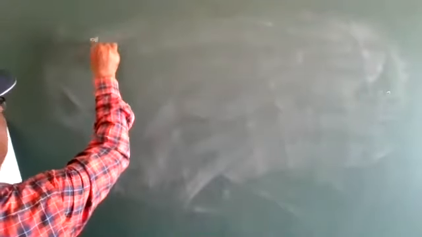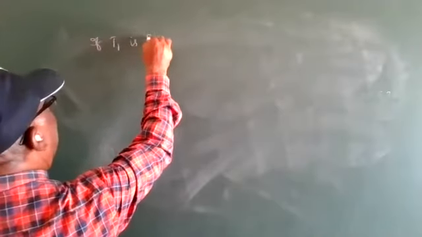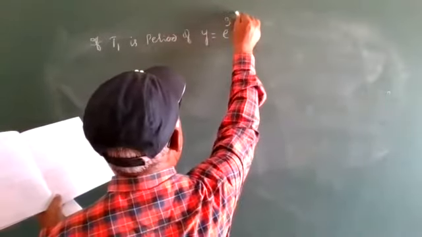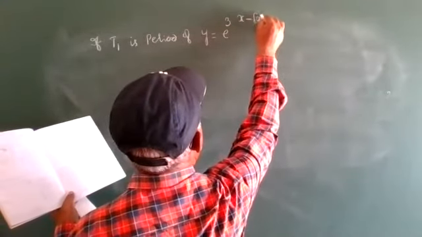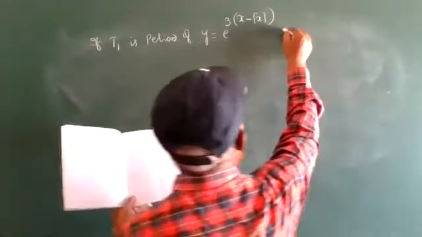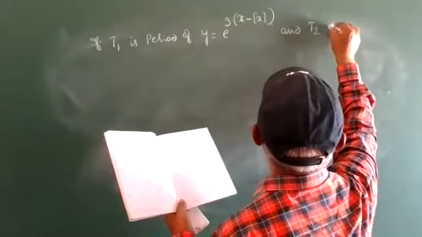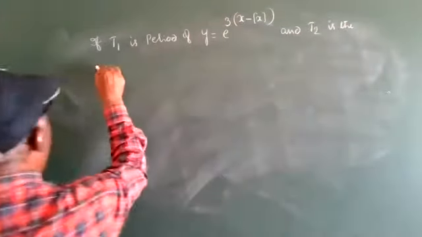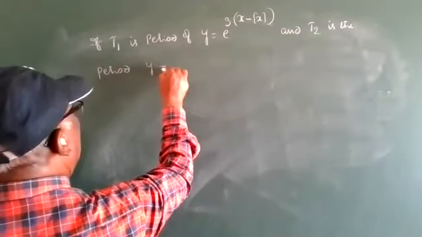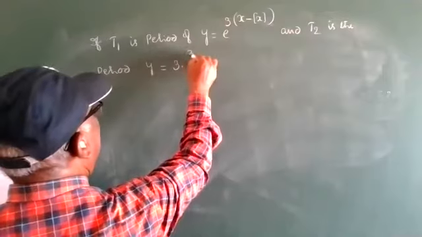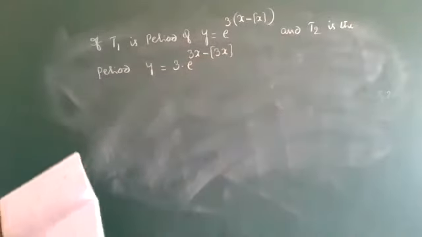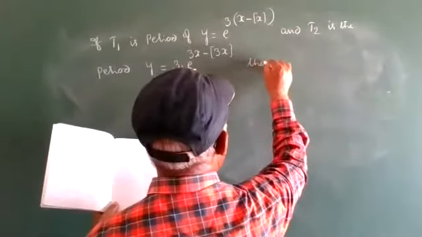If T1 is the period of y equal to e power of 3x minus floor of x, and T2 is the period of y equal to 3 times e power of 3x minus 3 times floor of x. Okay? Then options are given.